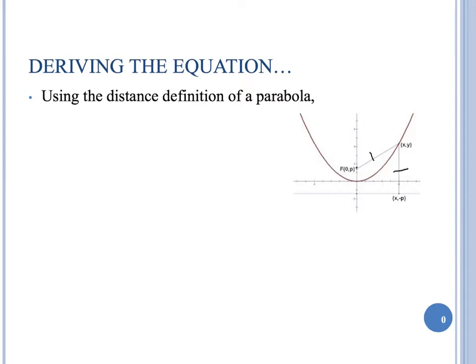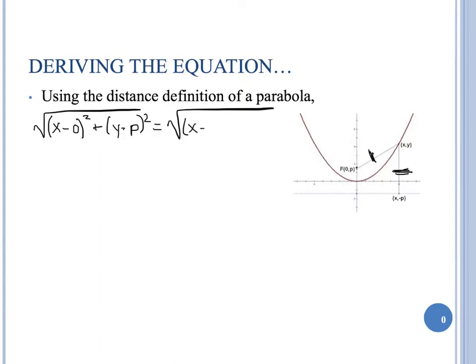I'm going to use my distance formula: x minus 0 squared, and then y minus p squared. That's my distance for this one. And that has to be equal to the distance over here. So in my x values, I would have x minus x squared, and in my y's, I'm going to have y minus negative p squared.